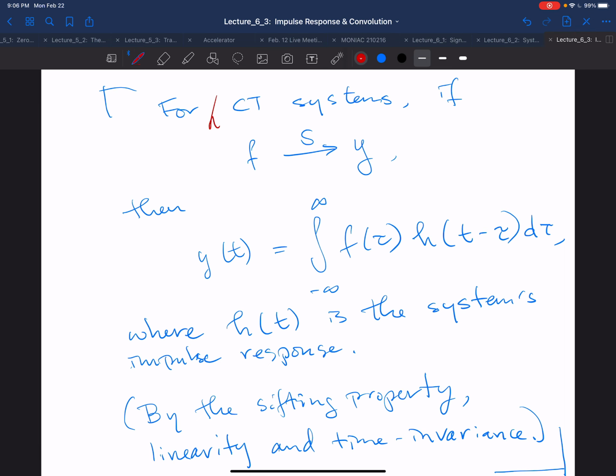I should specify that this is for LTI, continuous time systems.